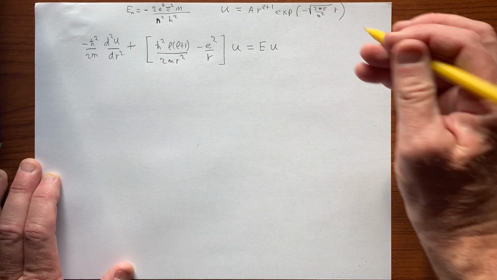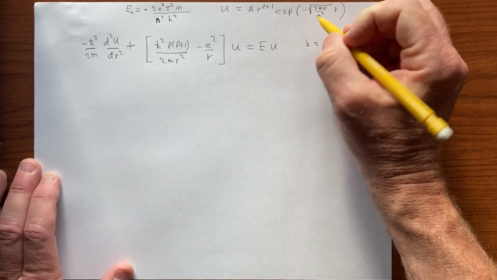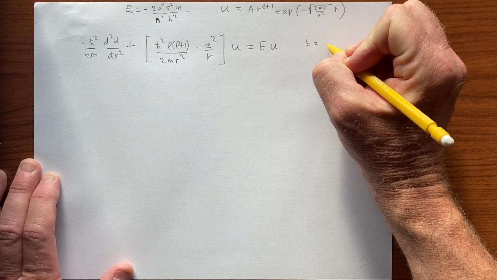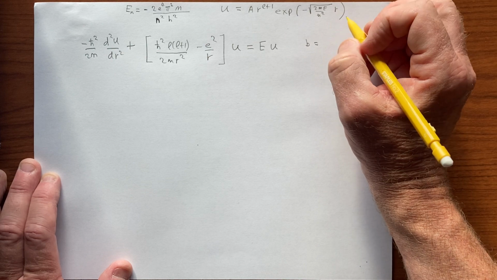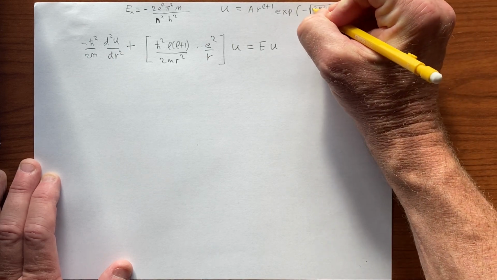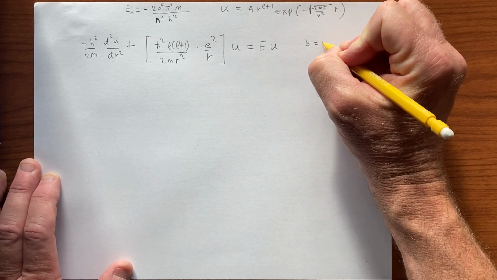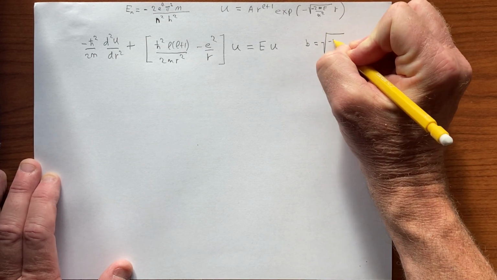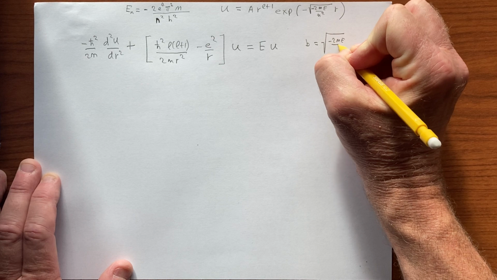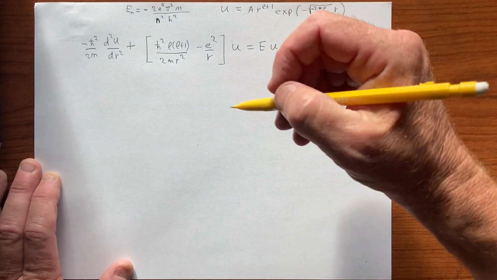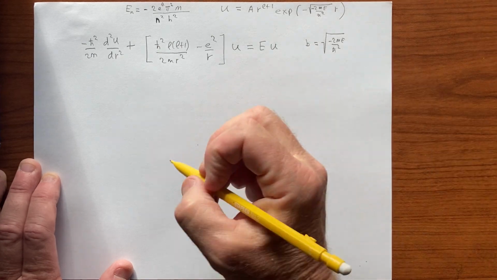Okay, so for simplicity, let's make this coefficient b. Sorry, this is a negative here because E is negative, so that makes that positive. So let's call this b, the square root of minus 2mE over h bar squared, so that we can simplify the calculations a little bit.